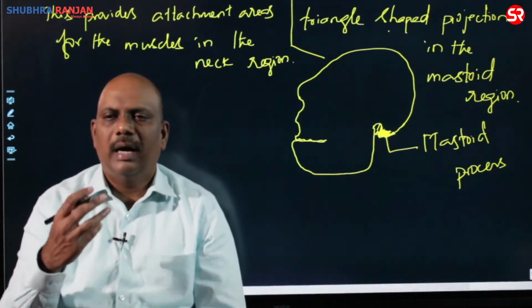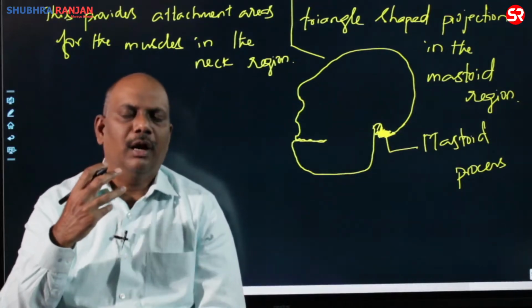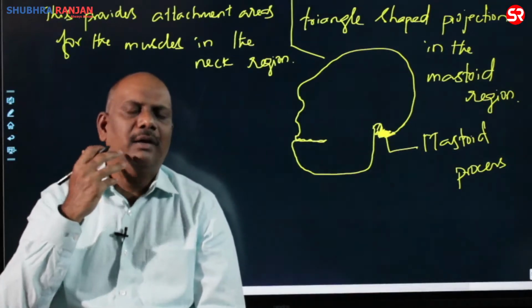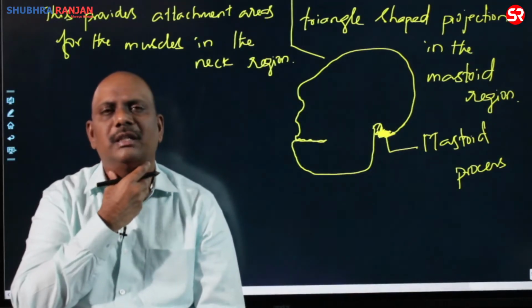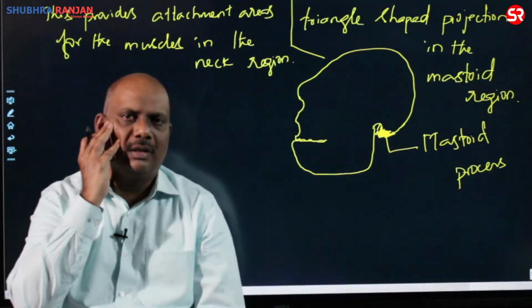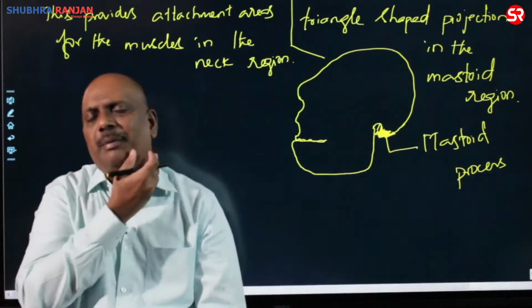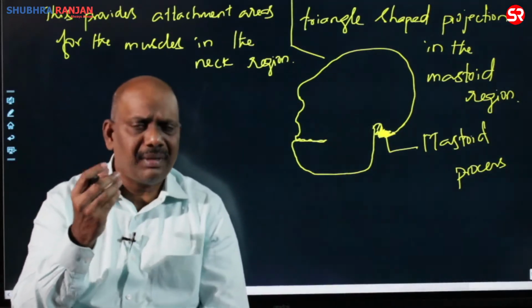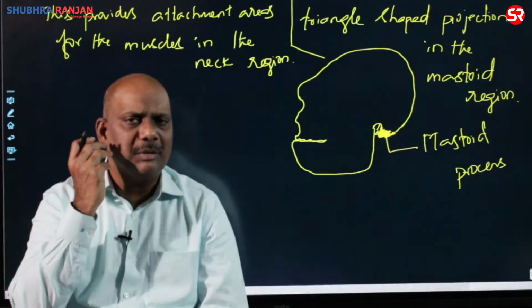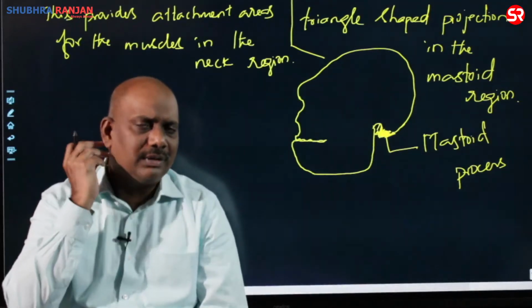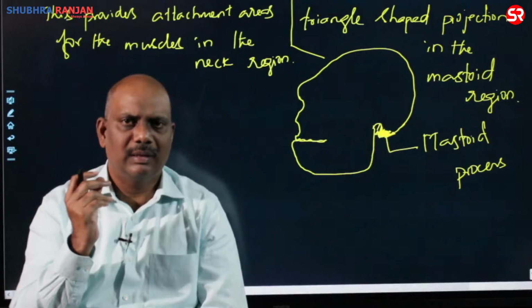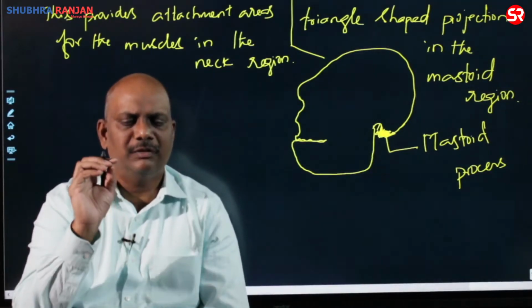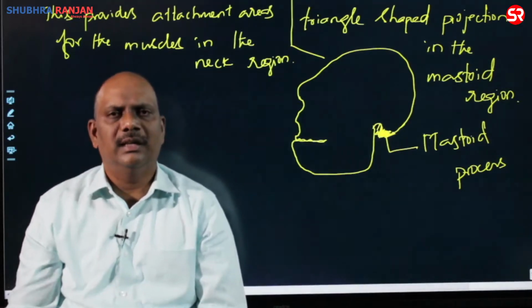This is also a development because of erect posture. Now, the head is going to be positioned altogether at a different angle, and the neck needs to be strengthened to position and balance the head. So, a number of muscles developed in this neck region, and the mastoid process also developed, which provided attachment area to these muscles. Okay. So I will show you. Did you take down this thing? This provides attachment areas for the muscles in the neck region.